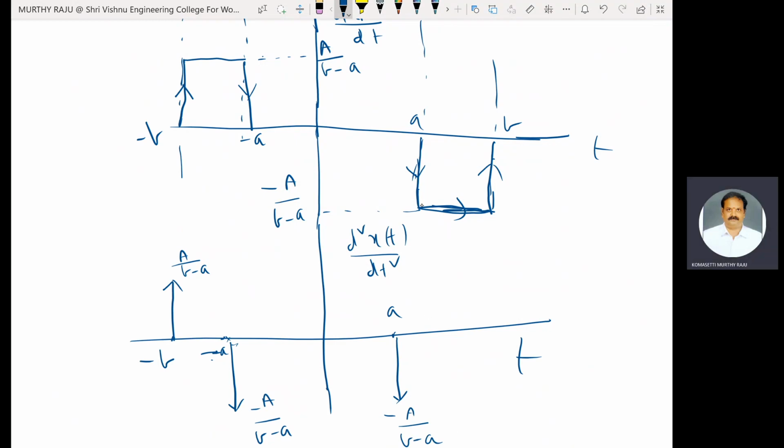The differentiation of a constant is 0. Here b, a rising value. 0 minus of minus a by b minus a, that is plus a by b minus a.